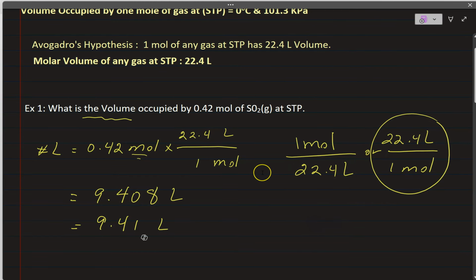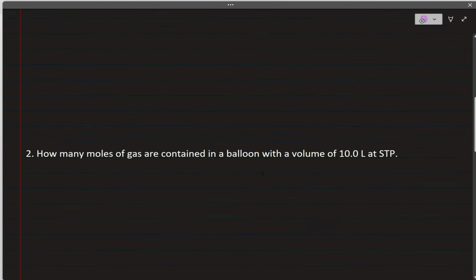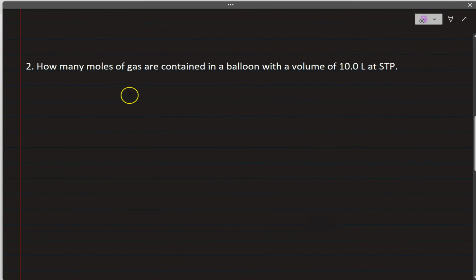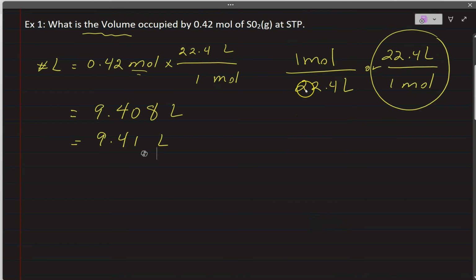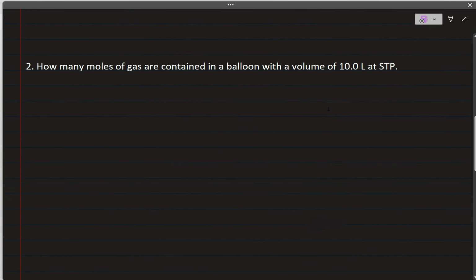All right, let's look at another example. How many moles of gas are contained in a balloon with a volume of 10 liter? This time we don't have the moles, but we have the volume. So we're going to use the first conversion, 1 mole over 22.4 liter. So what do we want? We want number of moles.